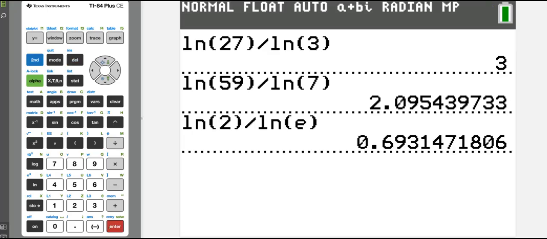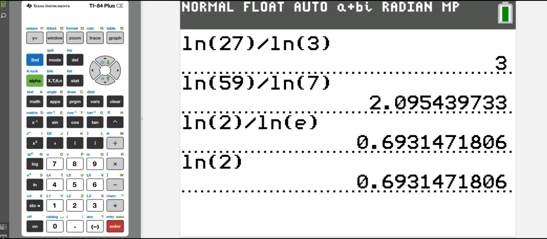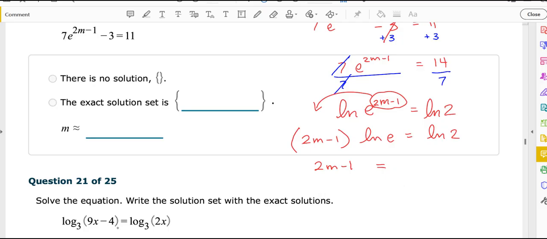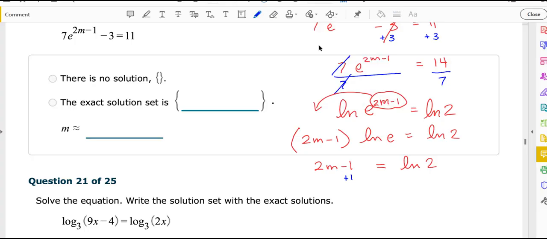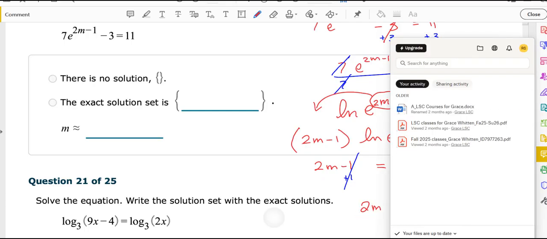To get m by itself, add 1 to both sides. So 2m equals 1 plus ln 2.